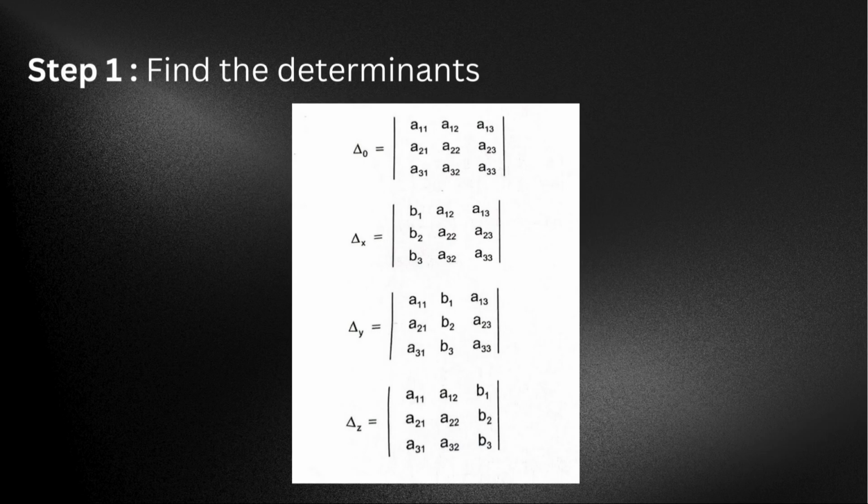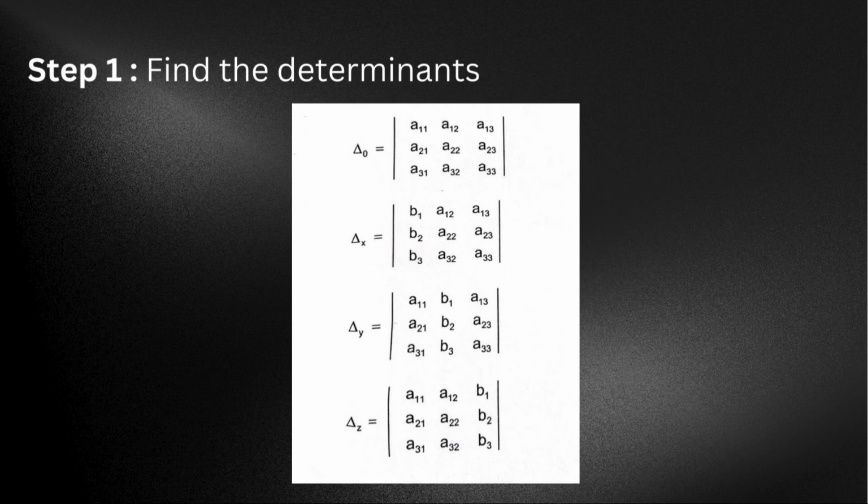That's for D0. DX equals: first row B1, A row 1 column 2, and A row 1 column 3. Second row B2, A row 2 column 2, and A row 2 column 3. Third row B3, A row 3 column 2 and A row 3 column 3.